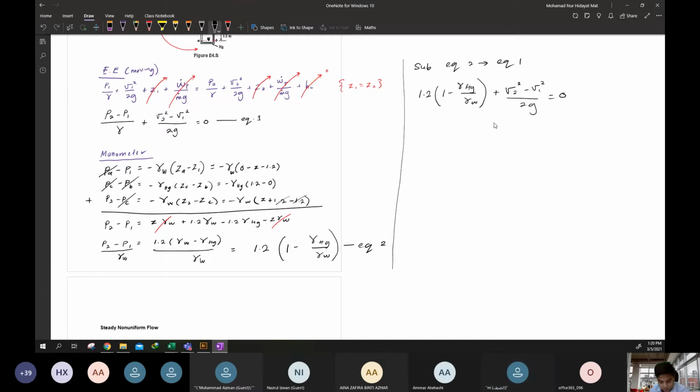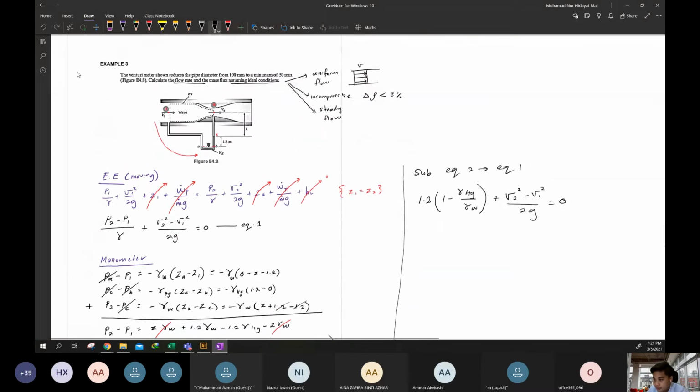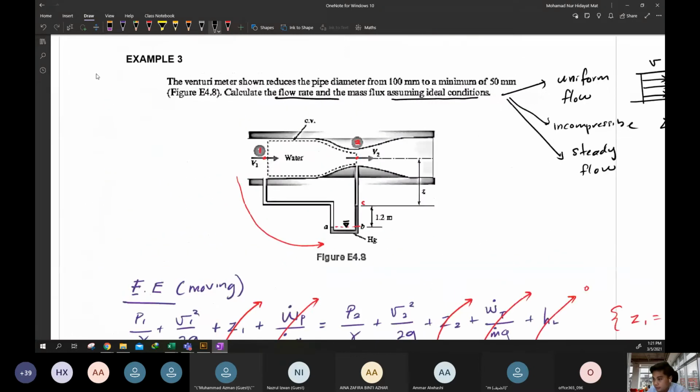Okay, so we have gamma of water and gamma of mercury. How about velocity? Do we have the velocity given? The velocity is not given, but the cross-sectional area is given.